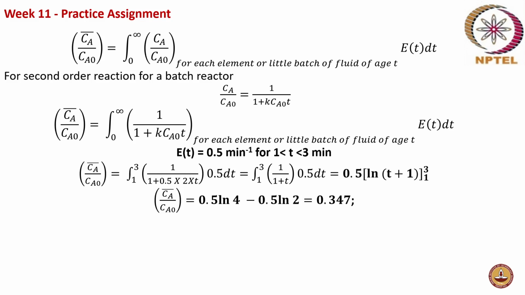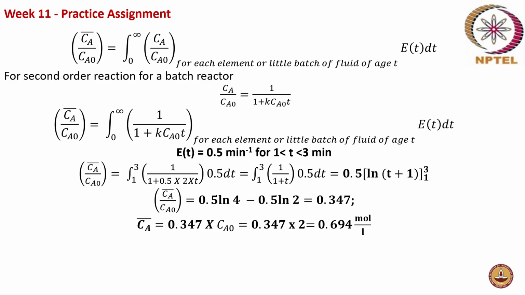So the average concentration Ca bar by Ca0 is equal to 0.5 into ln of t plus 1, substituting 3, you get 3 plus 1, that is 4. So 0.5 into ln of 4 minus 0.5 into ln of 1 plus 1, that is ln of 2. Substituting the values, Ca bar by Ca0 is equal to 0.347.